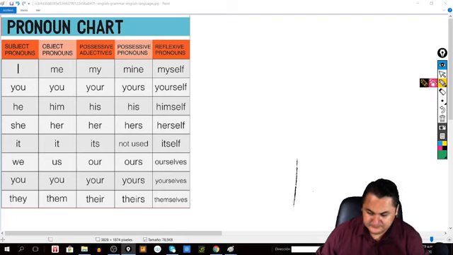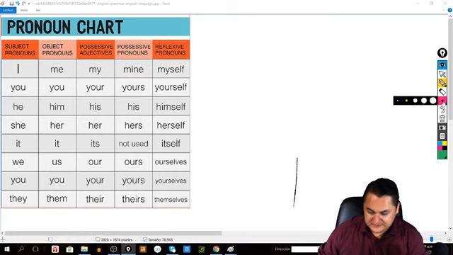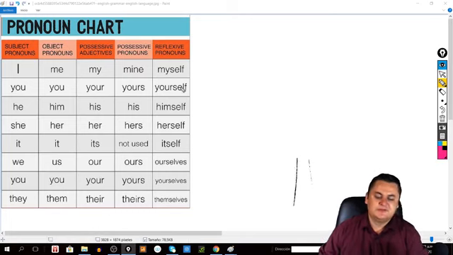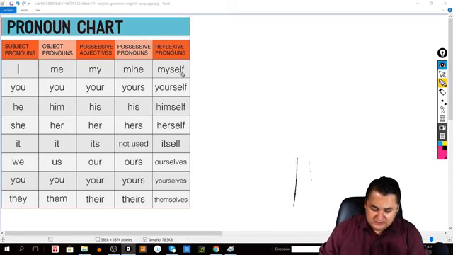Finally, we can talk about reflexive pronouns. For reflexive pronouns, words such as myself, yourself, himself, herself, itself, ourselves, yourselves, and themselves. There are 2 rules.